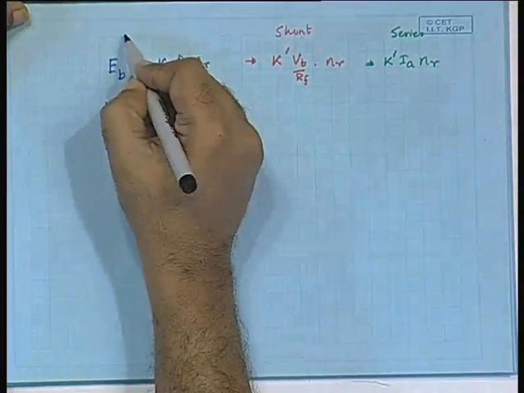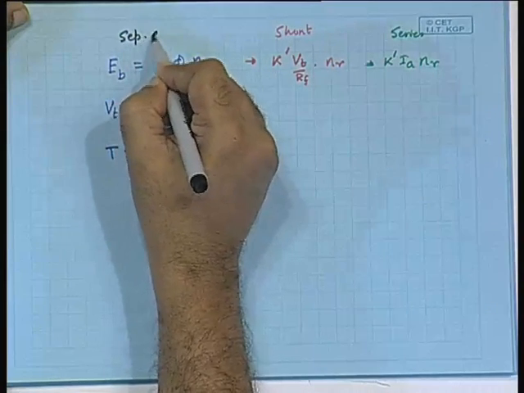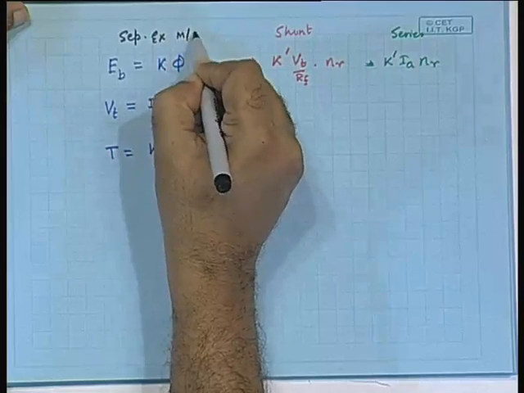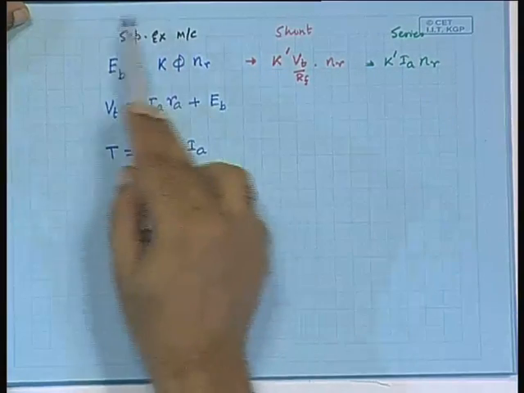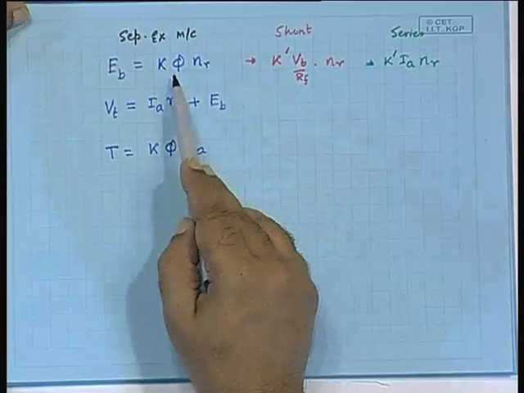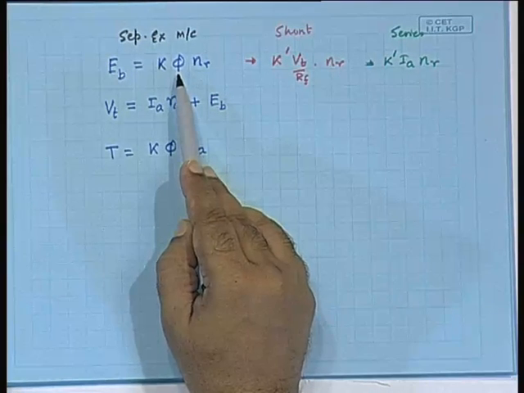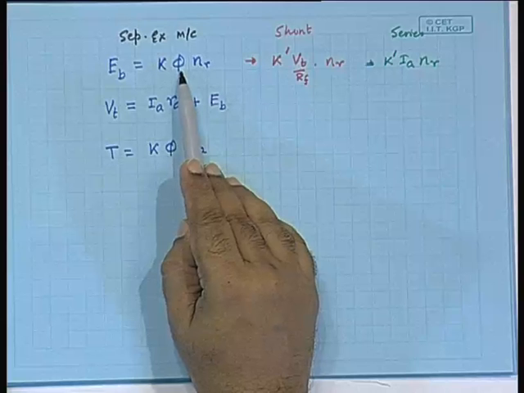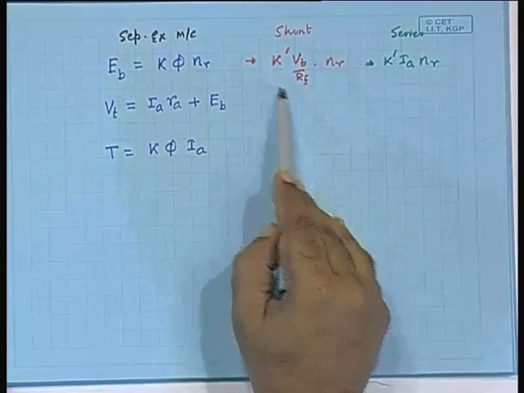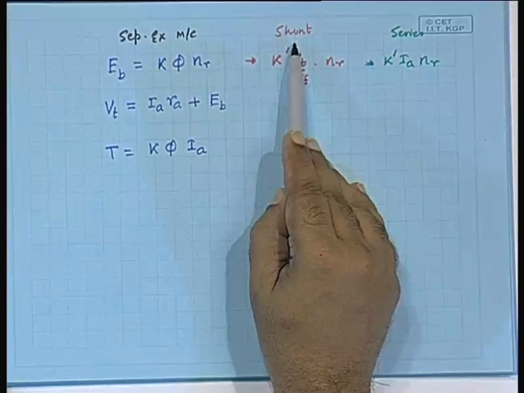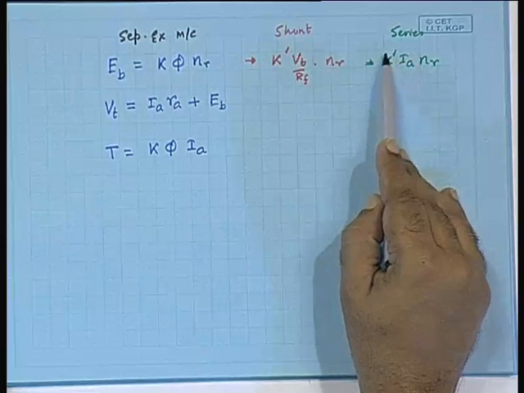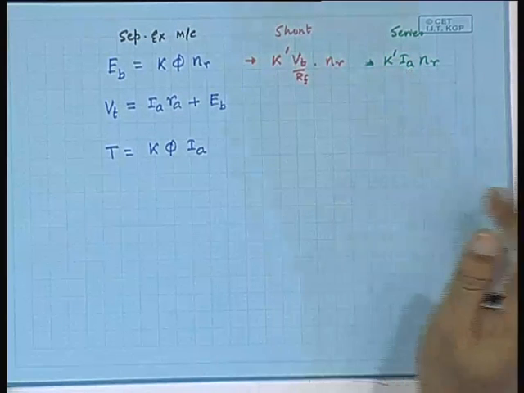So, these are the equations of separately excited machine, where the flux is held constant phi, and when the flux is substituted by some k Vt by Rf, it is the shunt machine, and when it is simply another constant times Ia, it is the series machine.